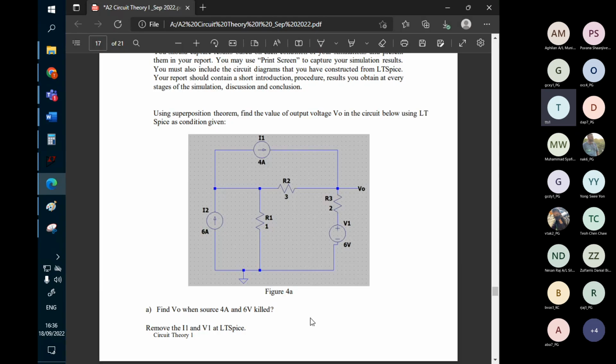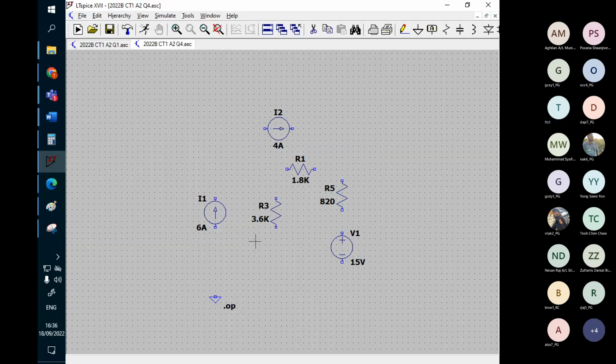Okay, now let's connect all the wires. Wait, you need to click on the icon. When you see the crosshair, it means you are in the wiring mode. So here I should connect this one first.